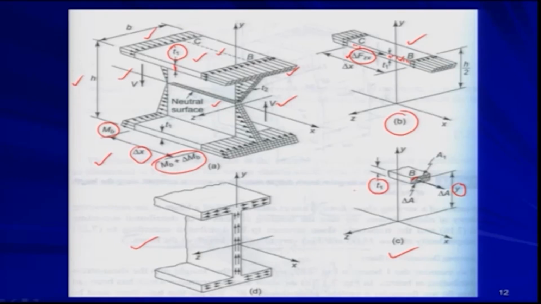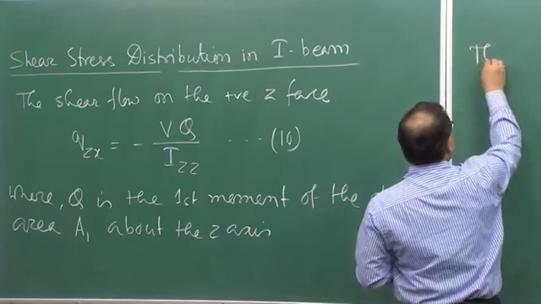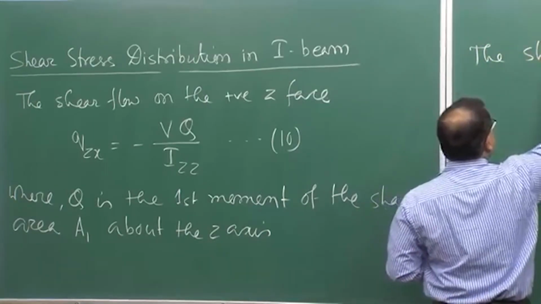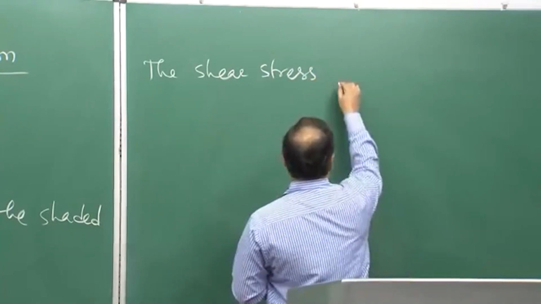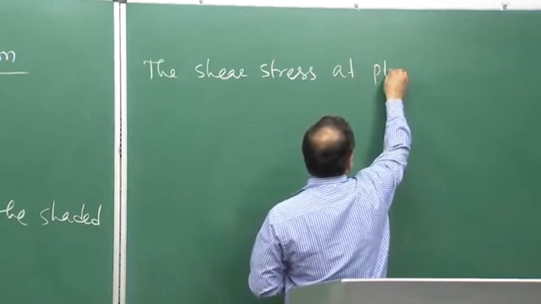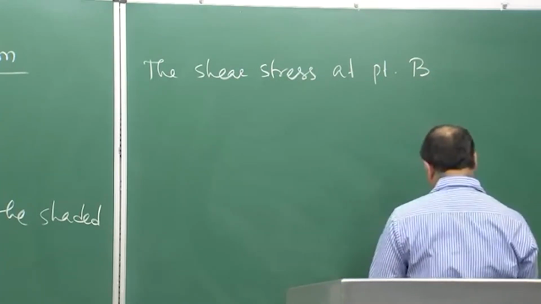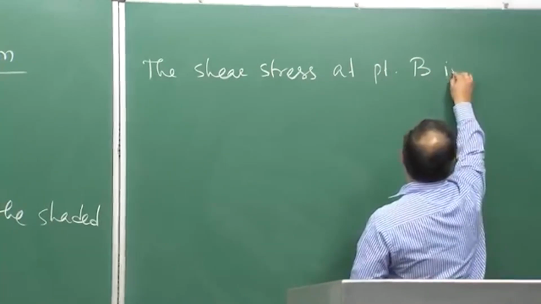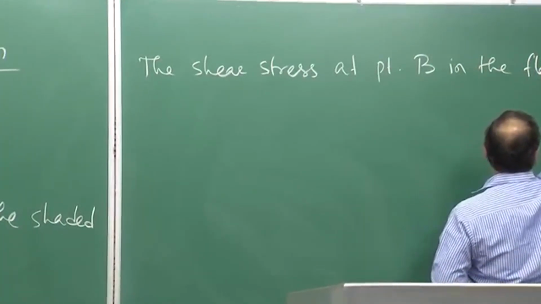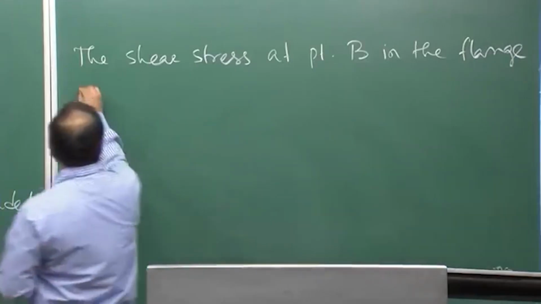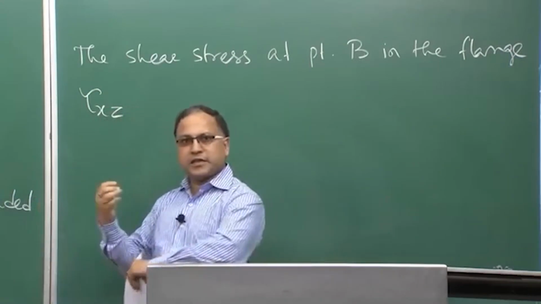Now, if I want to find out the shear stress at point B, as shown in the figure, at point B in the flange, that is on the z plane along the x direction.